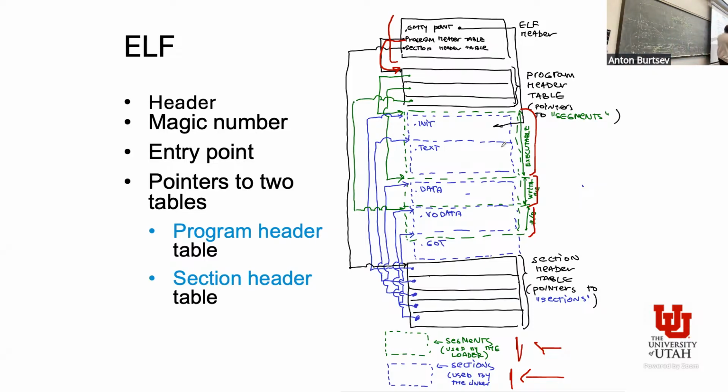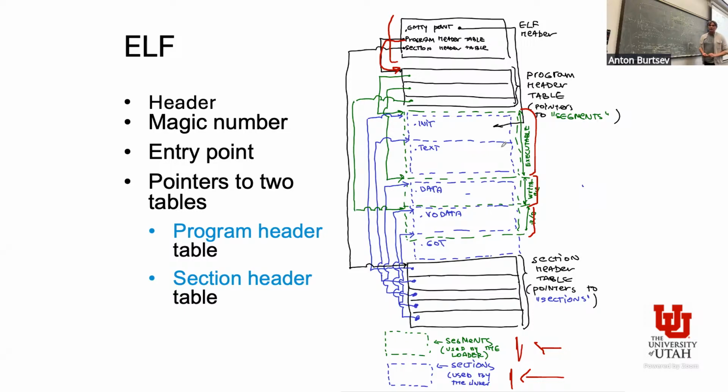One is the executable sections like init and text, then the writable data section and the read-only data section. There will always be a BSS section as well, which is not stored but is expanded in memory.